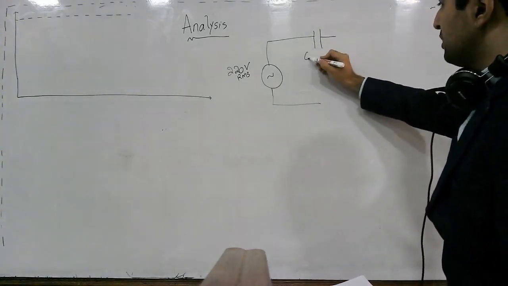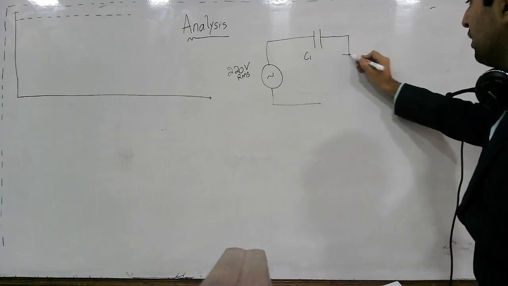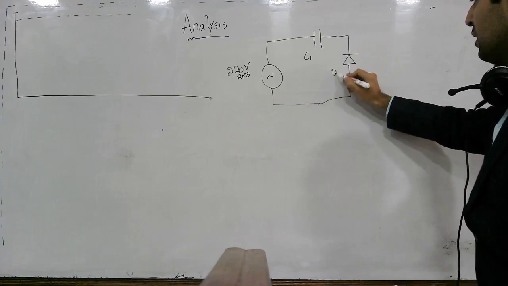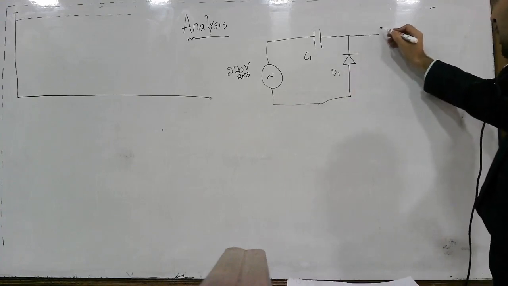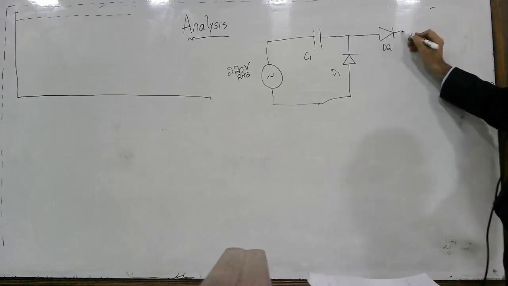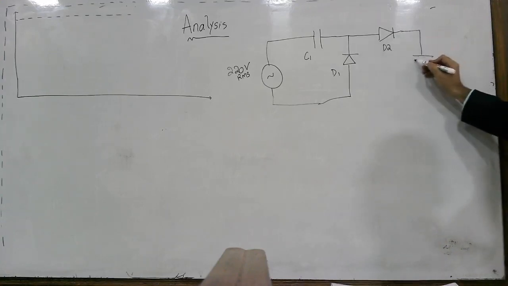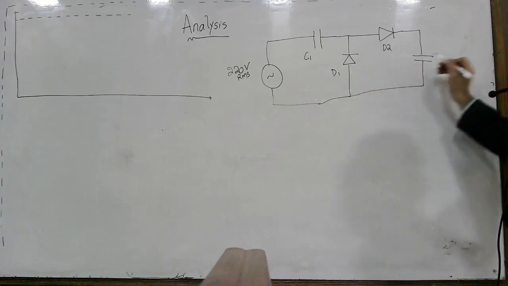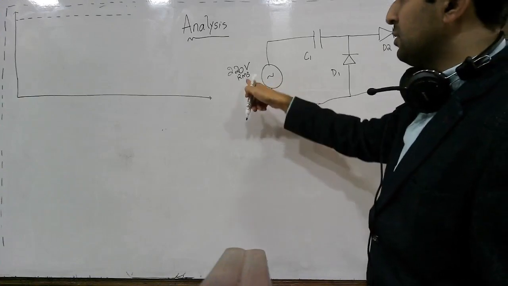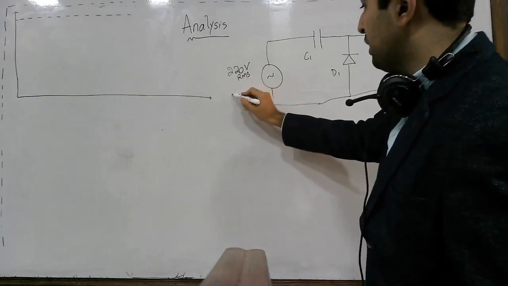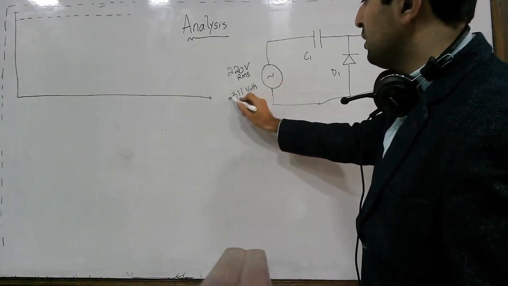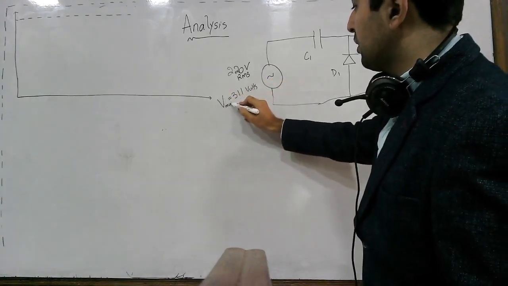This is the capacitance C1, here we have a diode D1, then another diode D2, and the capacitor C2. So we have only one stage, and if this is 220 volt RMS, its peak will be 311 volts. Let's say this is V max.